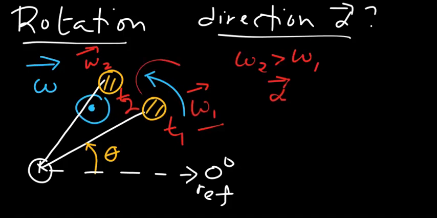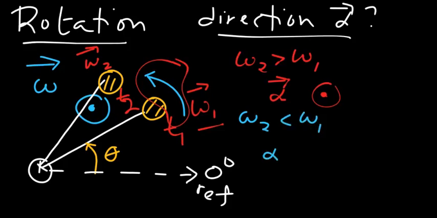Namely, since it is a counterclockwise rotation, the direction of alpha is coming out of the plane. If the rotation is slowing down, so omega 2 is less than omega 1, then the direction of the angular acceleration in this case would be going into the plane for a motion that is still counterclockwise, as it's slowing down. Simple as that.